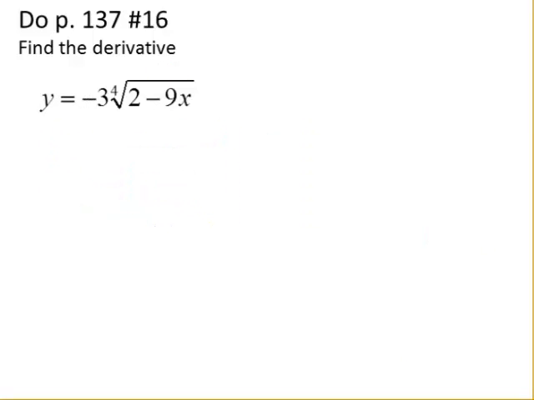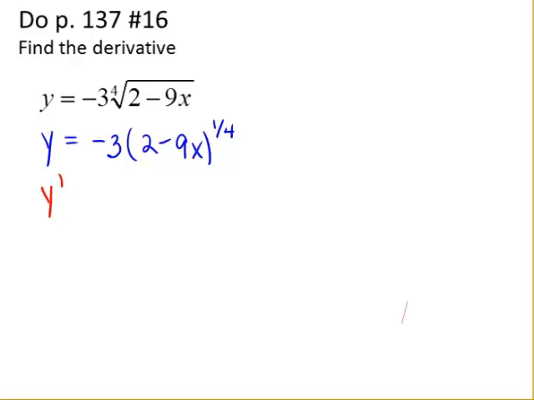We'll go back to some that don't have the trig functions in them. This one, I'm going to go ahead and rewrite negative 3. And this would be 2 minus 9x to the 1/4 power. Much easier to take the derivative once we have rewritten it.